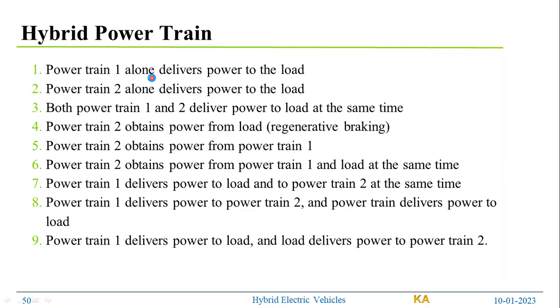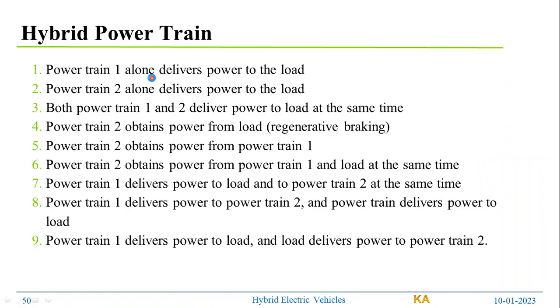Powertrain 1 delivers power to powertrain 2, and powertrain 2 delivers power to the load. Powertrain 1 delivers power to the load, and the load delivers power to the powertrain. So these are the modes of operation which are possible in a hybrid electric vehicle.